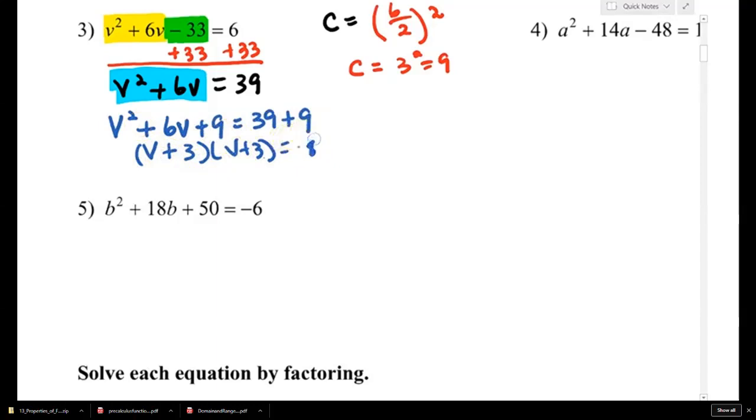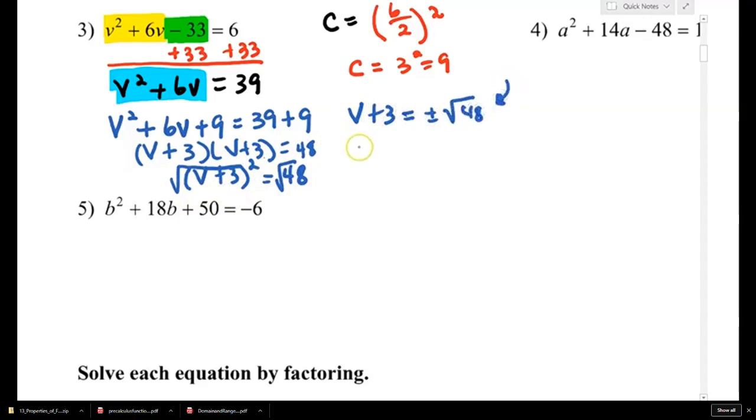Equals 39 plus 9 is 48. So what you have here is V plus 3 raised to the second power is equal to 48. Now you can solve this equation by finding the square root of both sides. So you have V plus 3 is equal to plus or minus the square root of 48. 48 can be simplified.